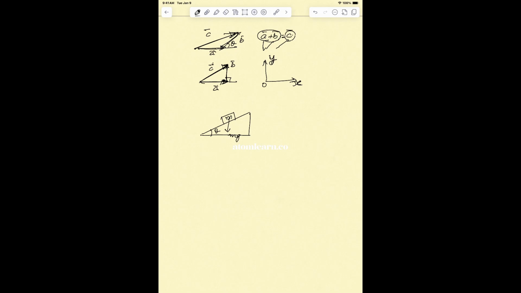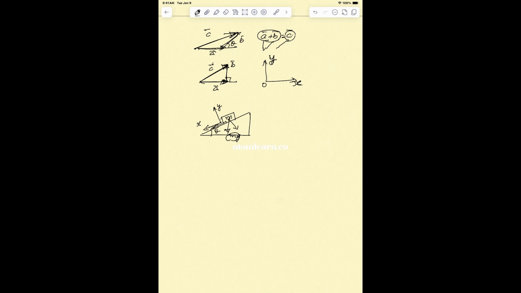Now you may have to resolve it into its components in order to analyze and write down the force equations. The convenient choice is, because it is going to slide down along the inclined plane, you can consider this as the x axis and this as the y axis. Therefore, you resolve this one force mg into one component along this x direction and one along the perpendicular y axis. It will come down like this.